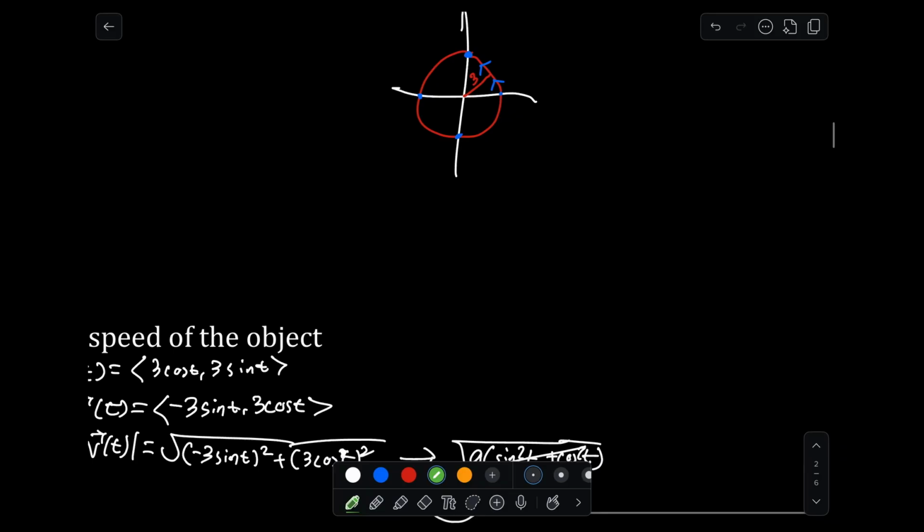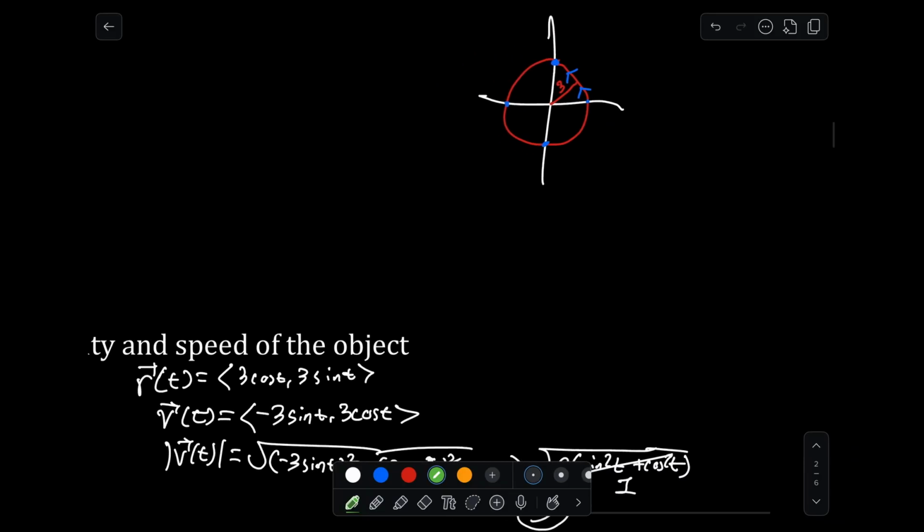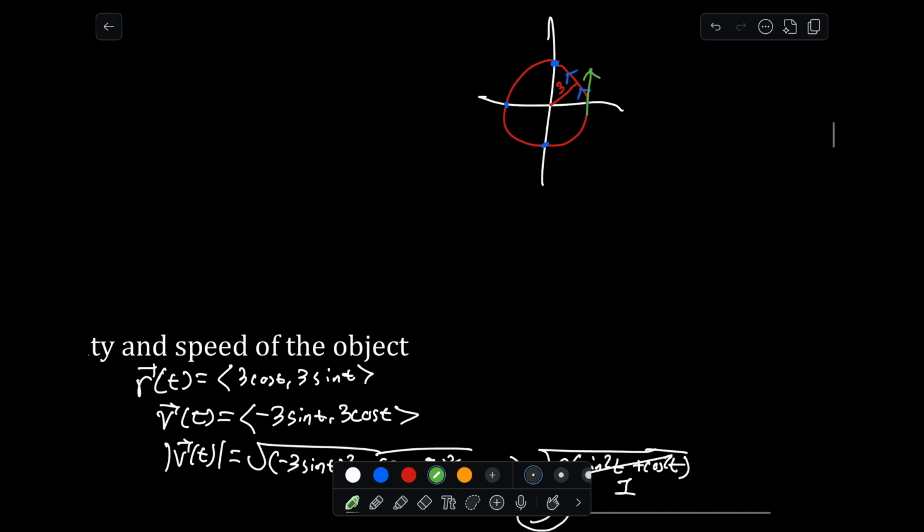So when t equals 0, what's the vector pointing in the x direction? It's going to be sine of 0, so nothing in the x, but it's going to be 3 in the y. So it's going to go up like this. And then for pi over 2, it's going to be negative 3 in x. It's going to be cosine of 0. It's going to go like that.